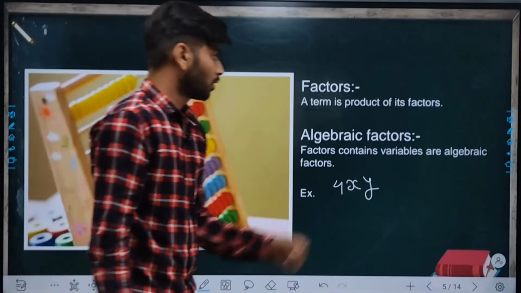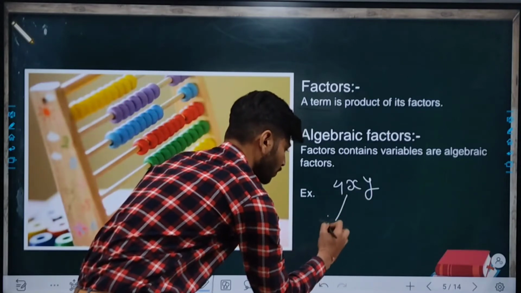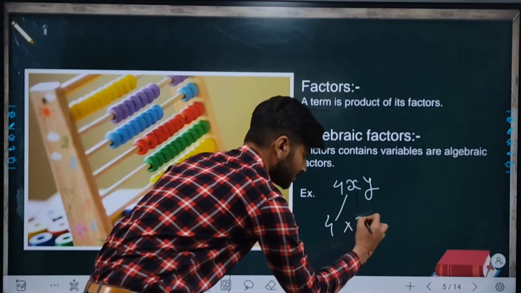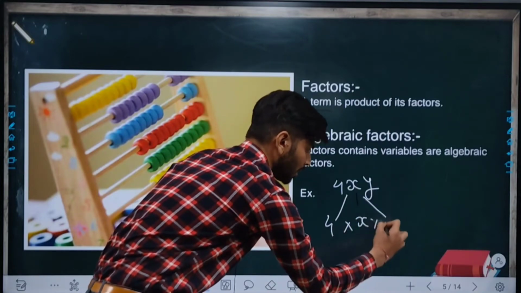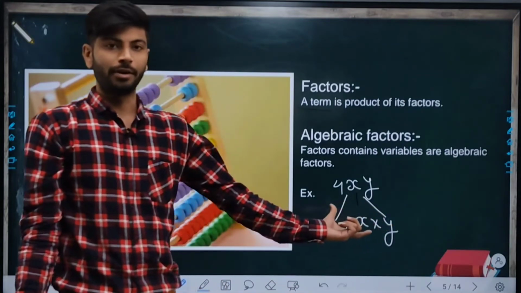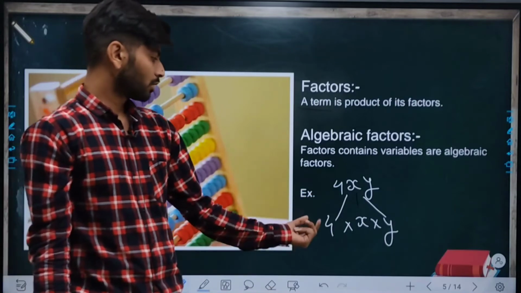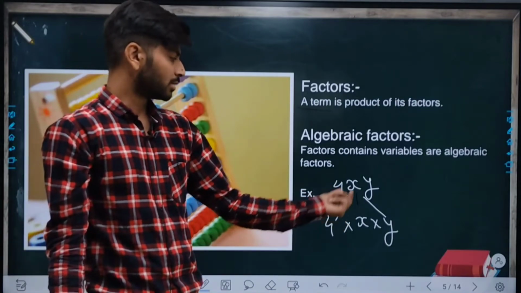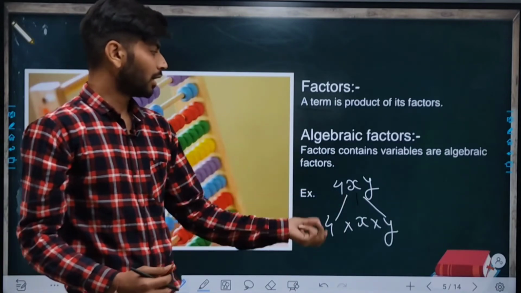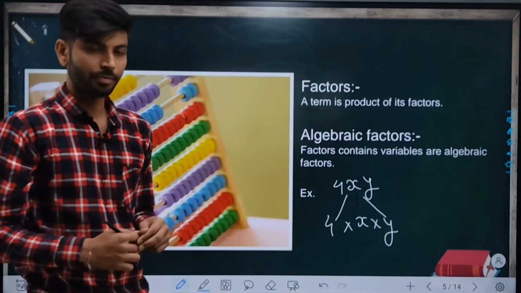We know what the product is in this: 4 multiplied with x multiplied with y. So how many factors are there? 3 factors are there. You can see 4 is multiplied with x is multiplied with y. So 4 and x and y, these 3 are the factors of the term 4xy.